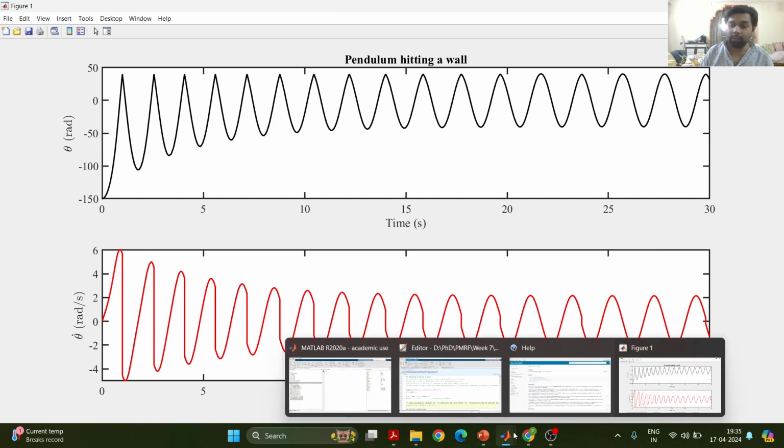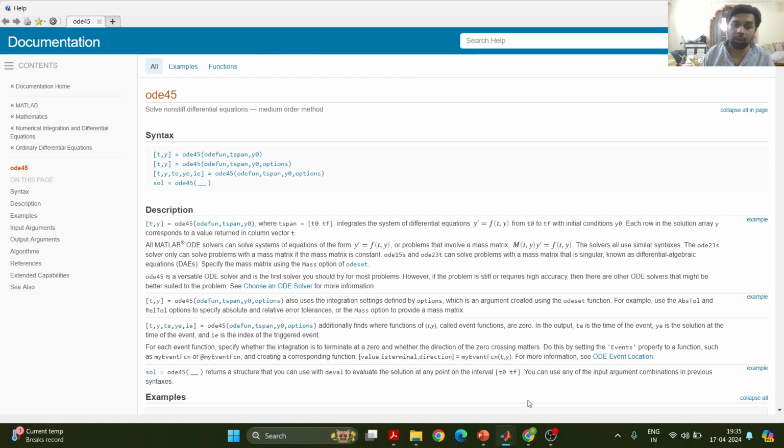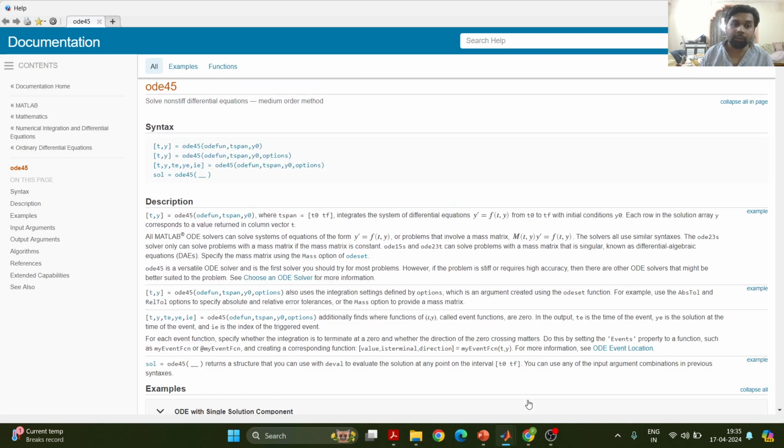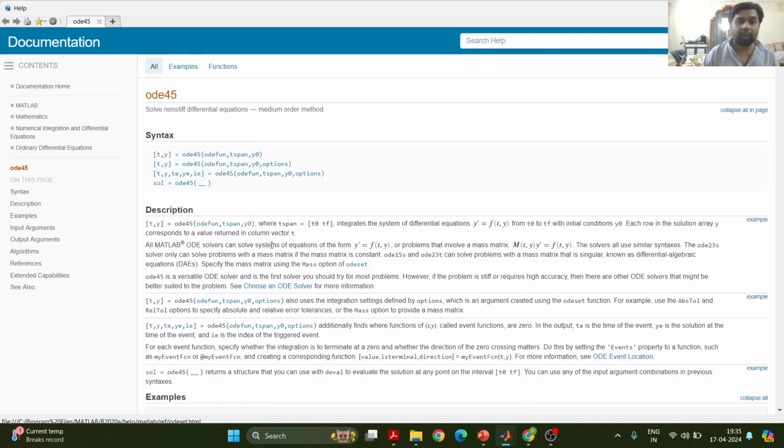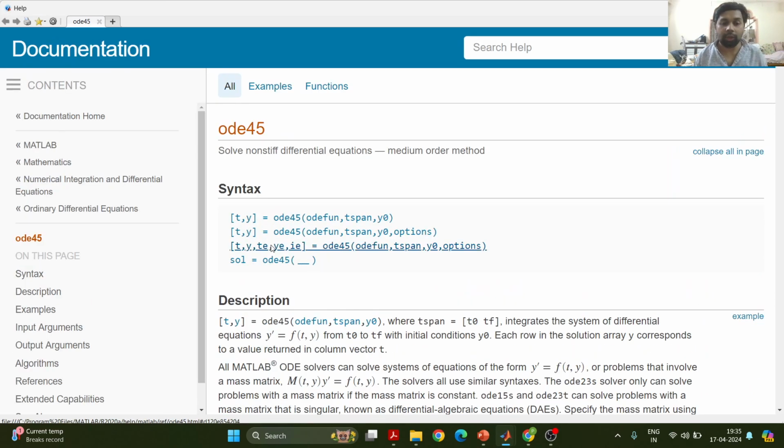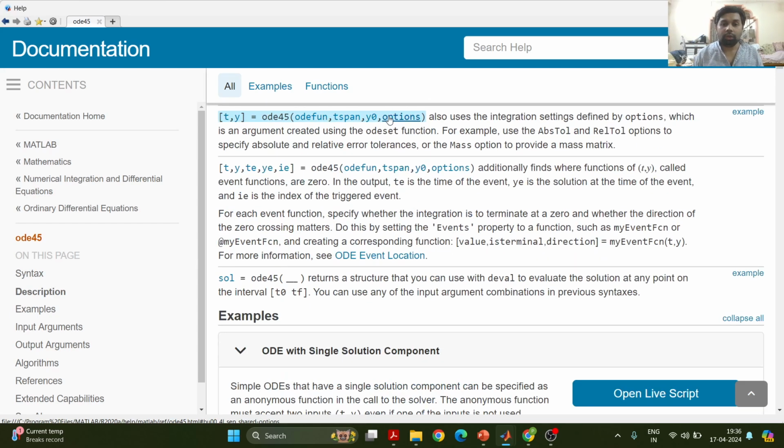So in MATLAB, in the ODE45 solver, we have the default syntax in which we just give the function handle, the time span, and the initial conditions. But then we have the functionality to pass additional options to the solver.